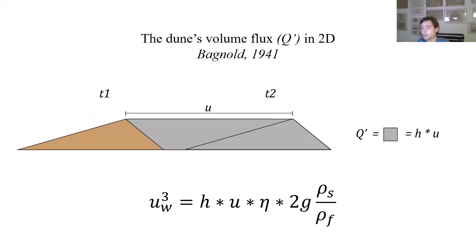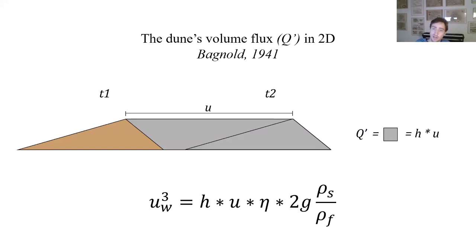Now, I've already shown you earlier that we can actually calculate the volume flux of the dune based on these two values for height and migration rate. So it's a very well-known principle. It's sometimes called the Buck-Knowles principle or Buck-Knowles law, which states that given a specific volume flux of sediment, the speed of the dune is inversely proportional to the height.